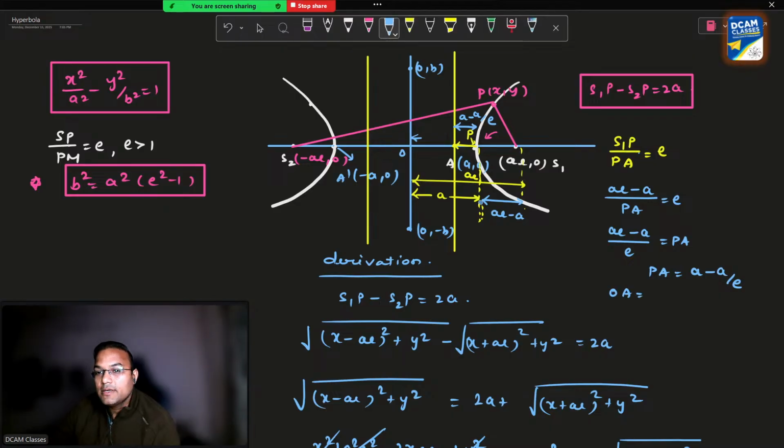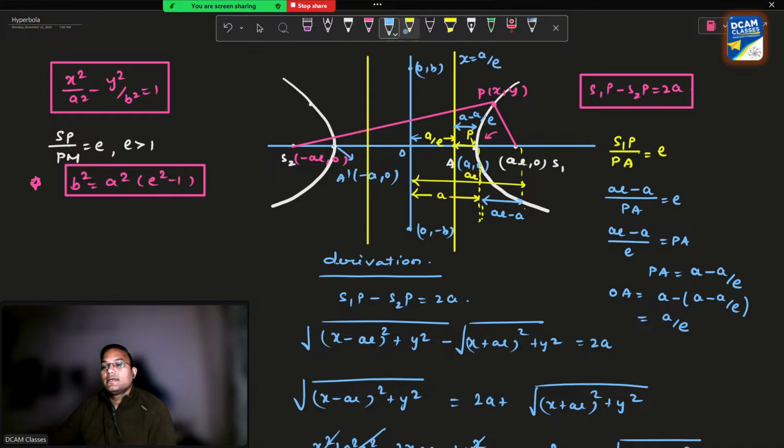OA will be A minus A plus A by E, so it will be A by E. That means I have got this distance A by E. So what is the equation? X is equal to A by E. Understood?